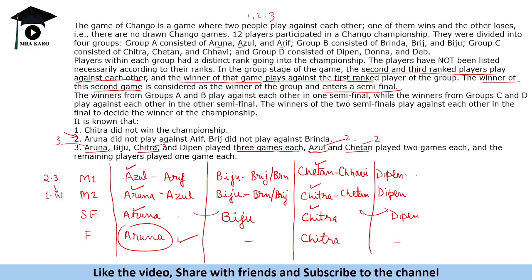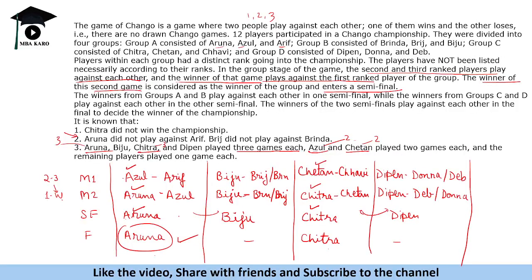We cannot find who is that person, Donna and Deb. Similarly, it can be Deb and Donna. Okay, so this is the structure that we know. We cannot find out everything, but we know that Aruna is the winner, and how they played. For this and this we can find, but not for these two groups. So that is how we solve this.